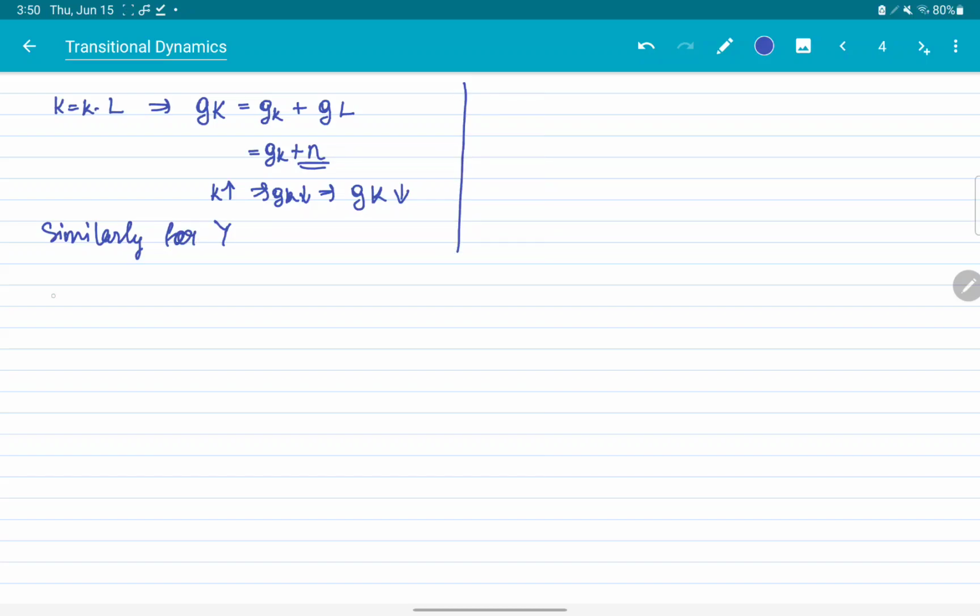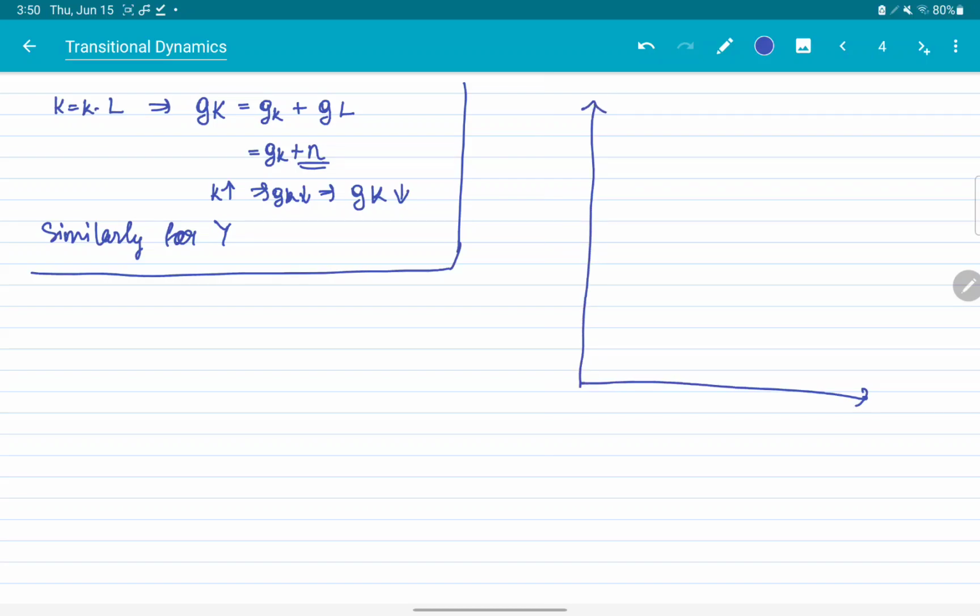What is the set of diagrams then that we get? First, and this is something we started in the last lecture, so we might want to take a look at that. So if this is the steady state, and in the last video we showed that beyond this it is going to become flat, but before that you see that growth falls over time, which means that the slope of this is going to continue to get flatter and flatter until it approaches 0.